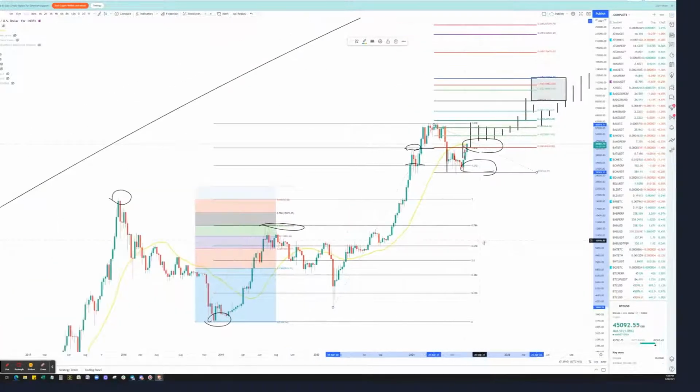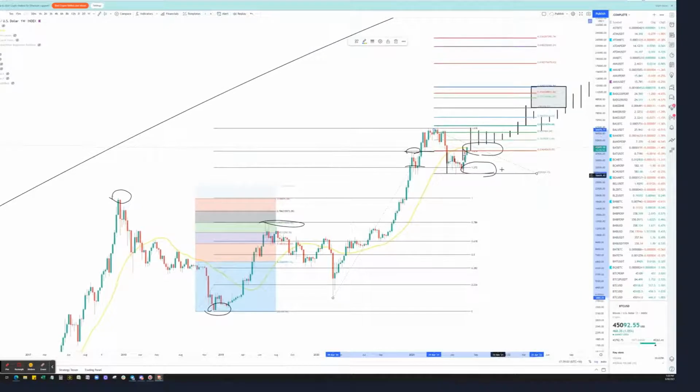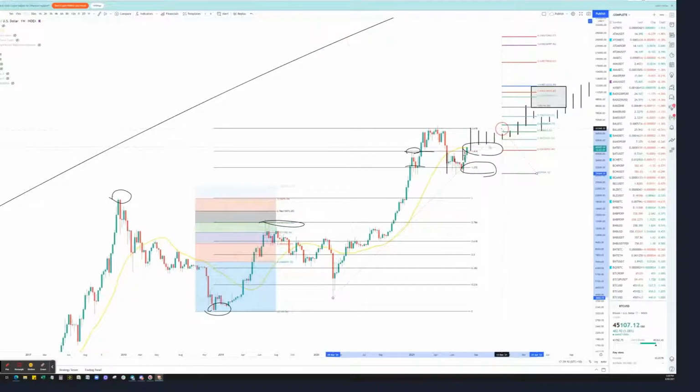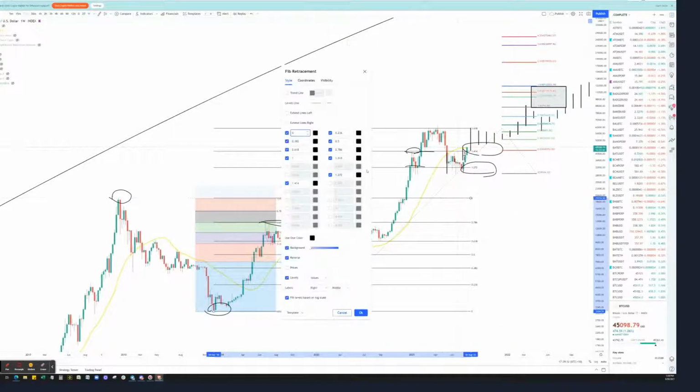So just using fib levels, okay? If I was to move this across just to make sure it gets away, and extend this to 2.618, it's right up to 2 there.